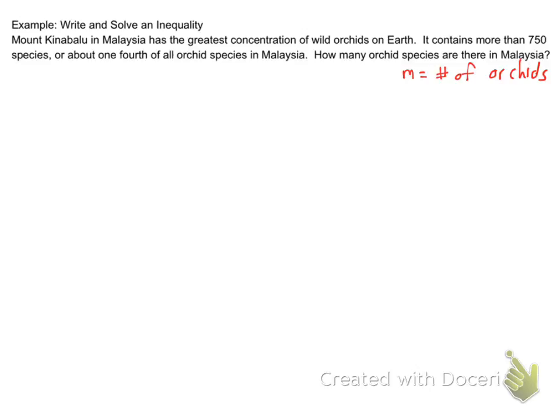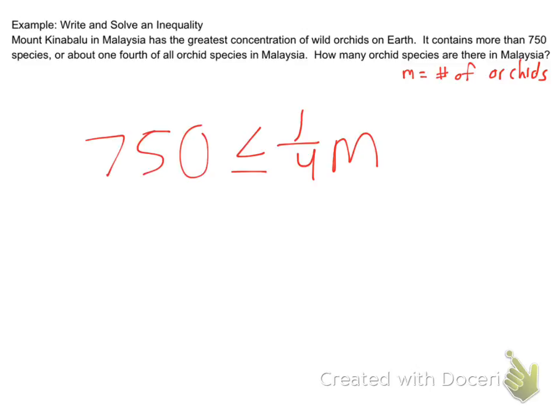It contains more than 750 species, or about 1/4 of all of Malaysia. Wait, actually, the mountain is of Malaysia. Interesting. So we said that 750 is the least amount of orchids that the mountain has compared to Malaysia.